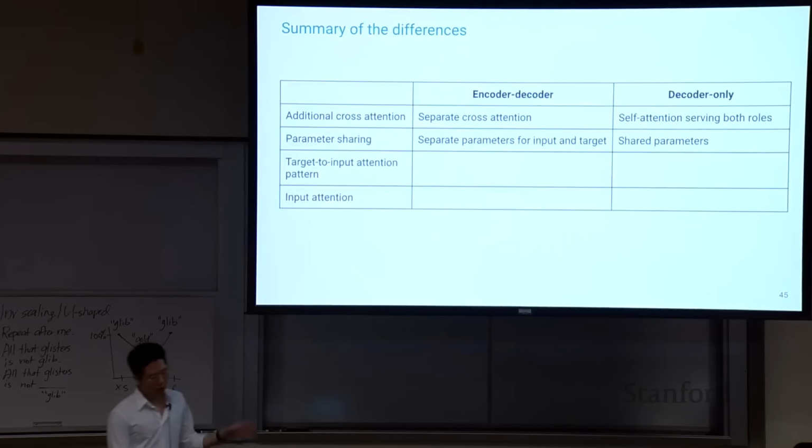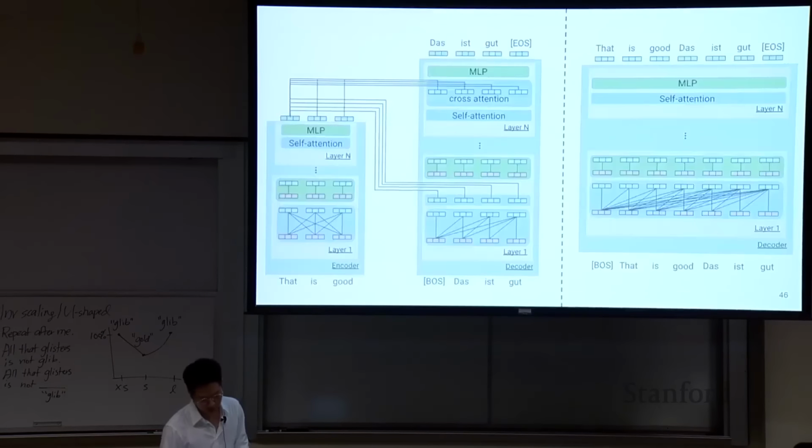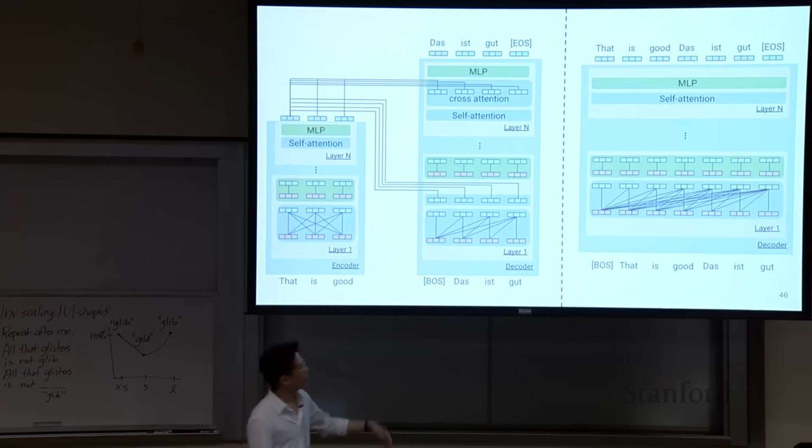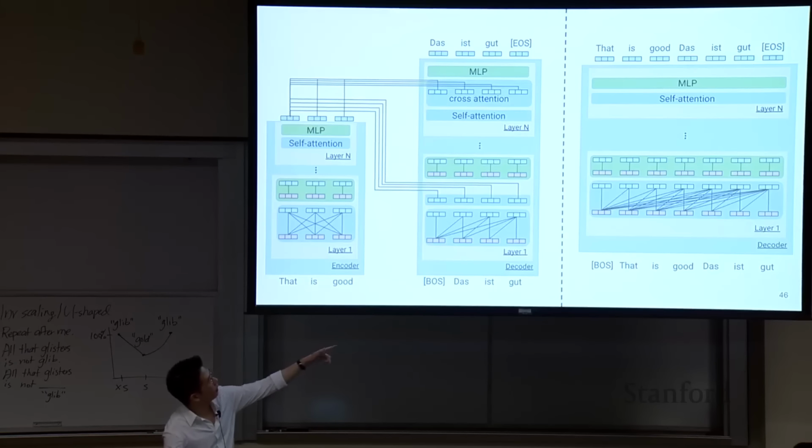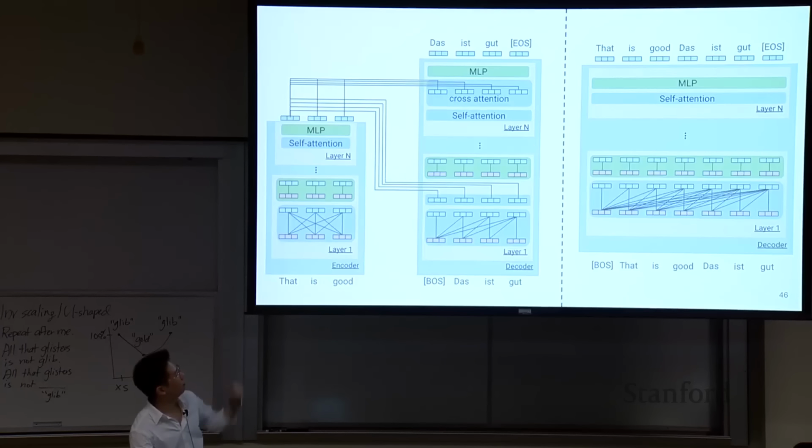Third difference is the target to input attention pattern. So we need to connect the target to the input, and how is that done? In the encoder-decoder case, we had this cross attention, and then in the decoder only, it's the self-attention doing everything. What the difference is that we have every layer of the decoder attending to the final layer output of the encoder.